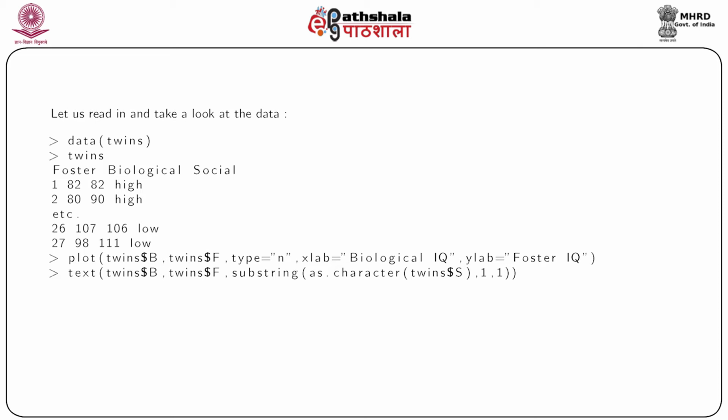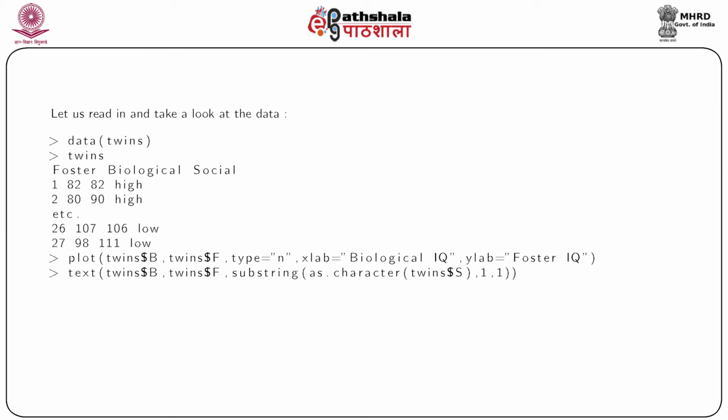The first two variables are the two covariates, the two IQs: the first for the twin reared by the foster parents, and the second for the child reared by the biological parents. And finally, the last is the factor, which is the social class of the biological parents.